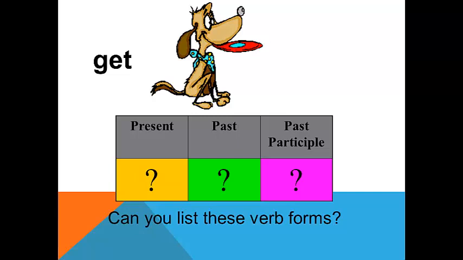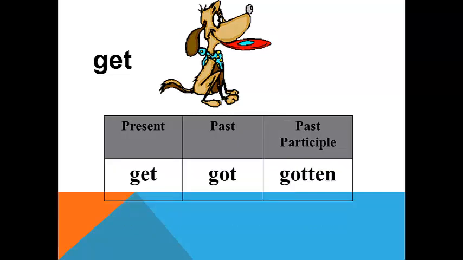What about past? I got a new laptop yesterday night, yesterday afternoon, last week, or 2 weeks ago. So we have present, get, past, got, past participle, gotten.